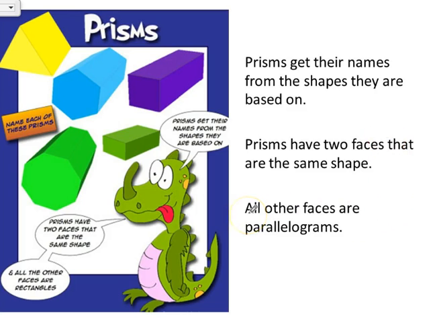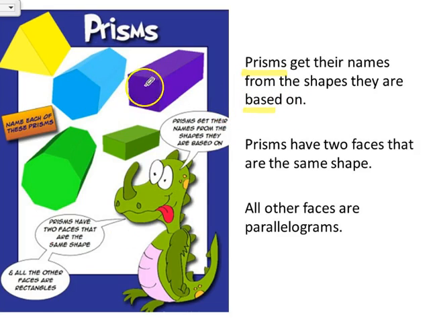So prisms are pretty wide. There's a lot of variety. So prisms get their names from the shapes they are based on. So they're bases, really. Whatever their bases are, that's what we name them after. So not only do we call prisms prisms, but we get more specific based off of the base.